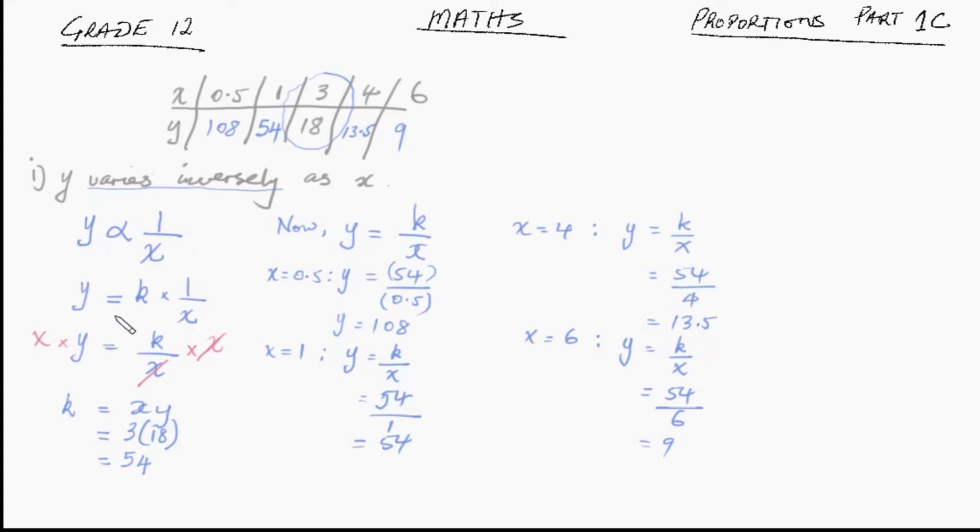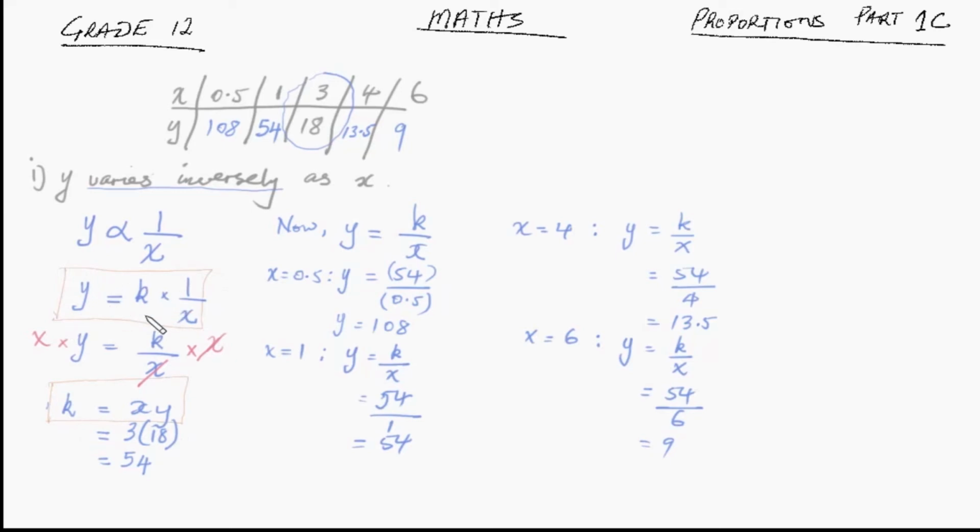This is the equation, and from this equation we must first of all find k. This is where we found the formula for k. But here, that is the formula for y. These two formulas are very important.